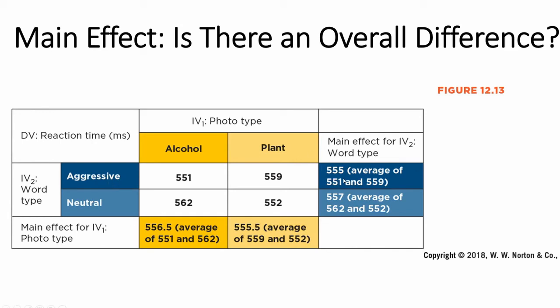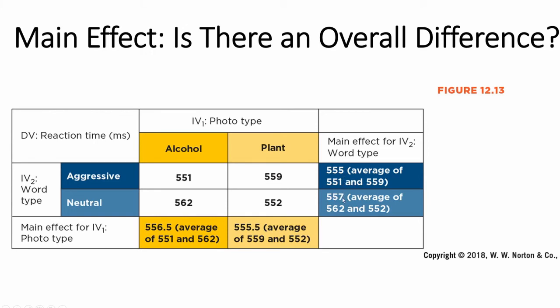And so if we actually want to look at this information, so our marginal mean for aggressive word types is going to be 555. For neutral word types, it's 557. Now, if we wanted to compare those 2, if we wanted to look at the main effect, we can sort of hand wave some of the calculations that would happen in the background, and we can just, by looking at these, tell that they're very, very close together.